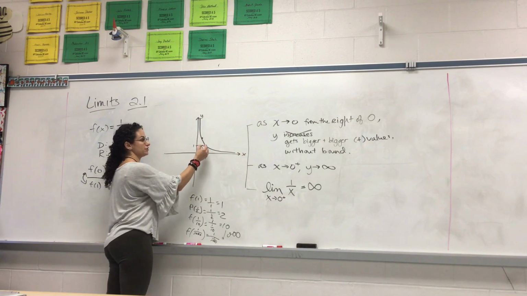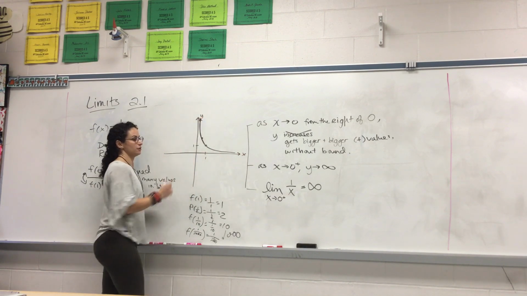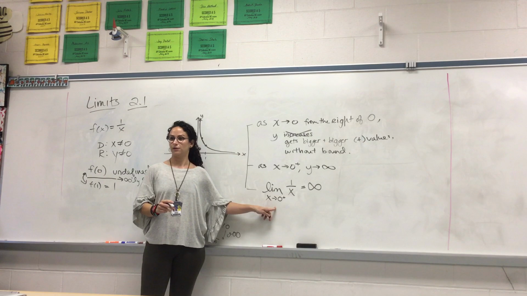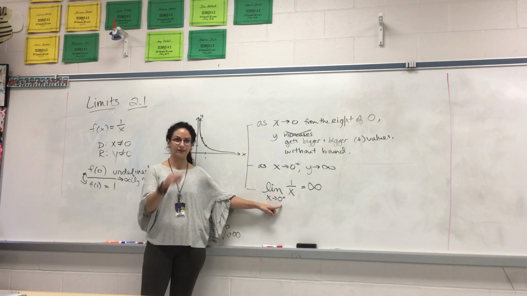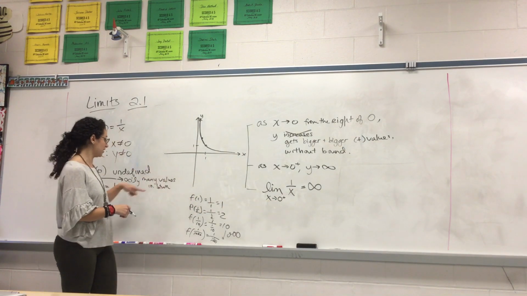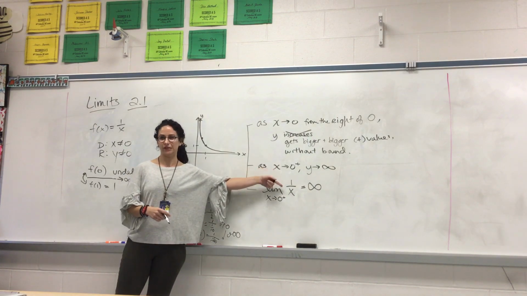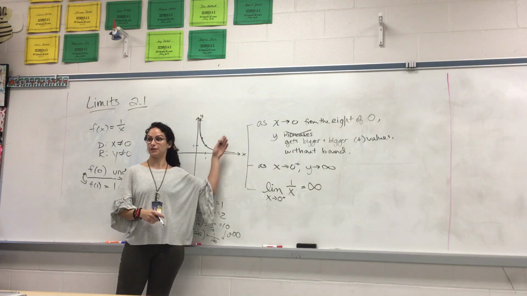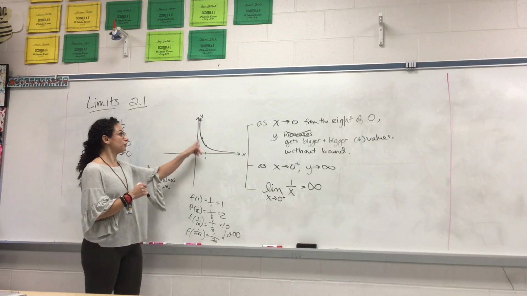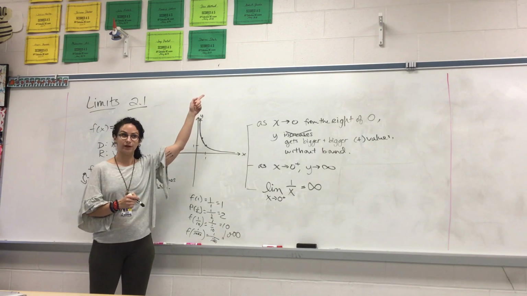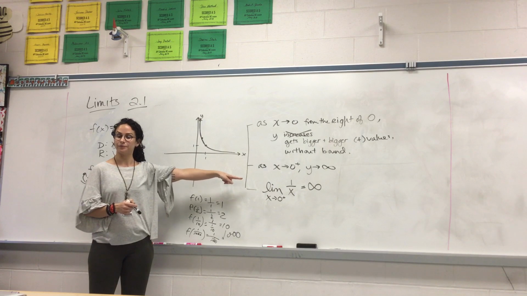If I approach 0 from the right, my y values are getting bigger and bigger and bigger, and that's what this limit says. I can never plug in 0 to this function because the function's undefined at 0. I never reach a value of infinity because infinity is not a value. It's the concept that it gets bigger and bigger and bigger. But that's perfectly explaining what's happening here. Okay? And that's our new language of limits.